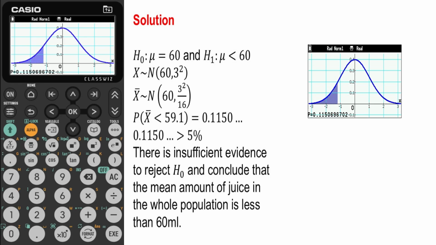Therefore, there is insufficient evidence to reject H0 and conclude that the mean amount of juice in the whole population is less than 60 milliliters.